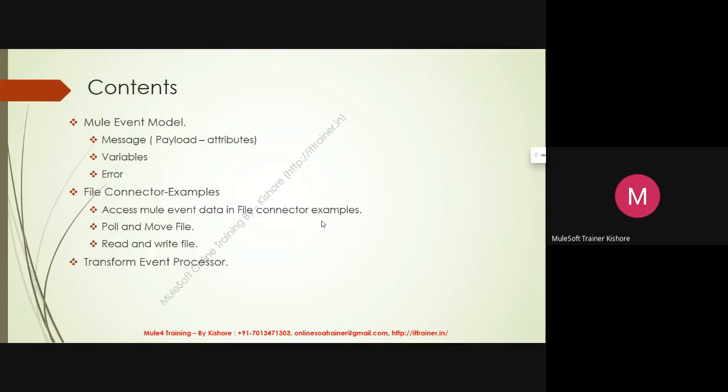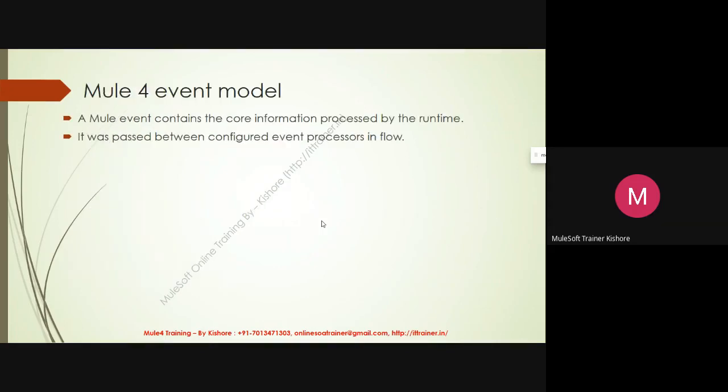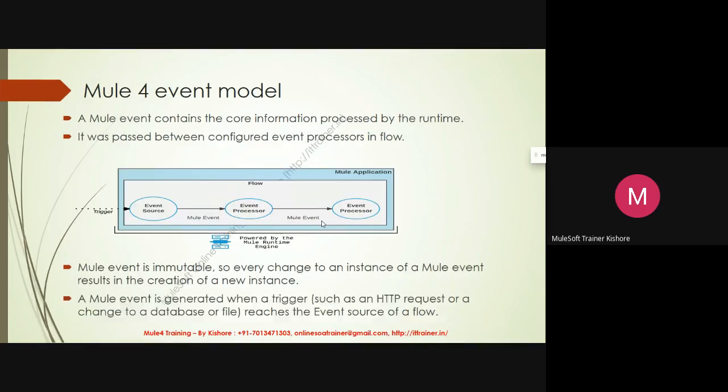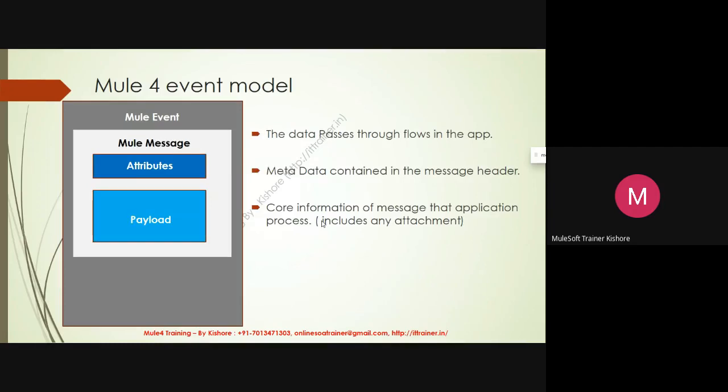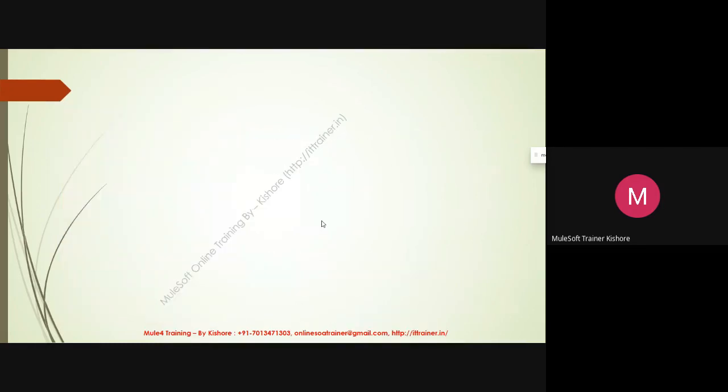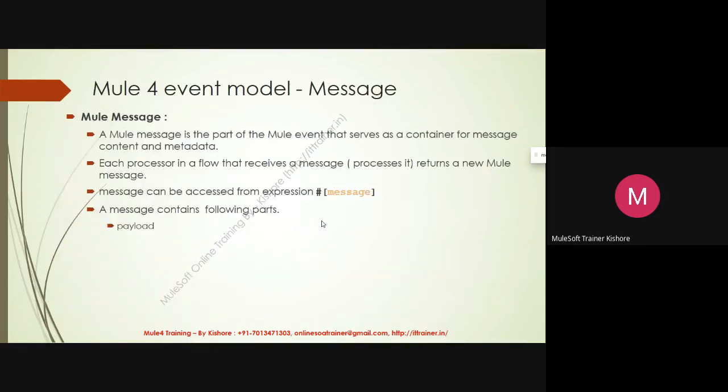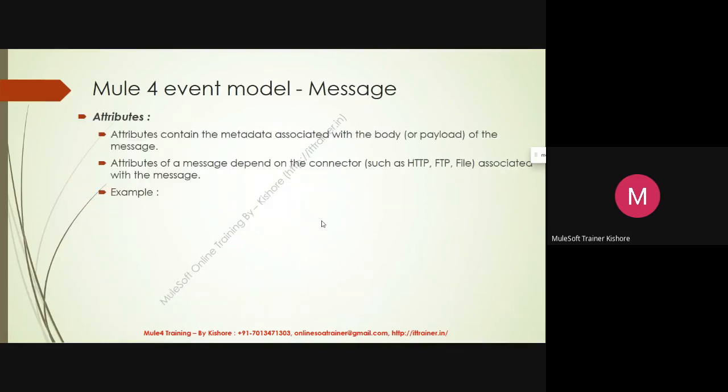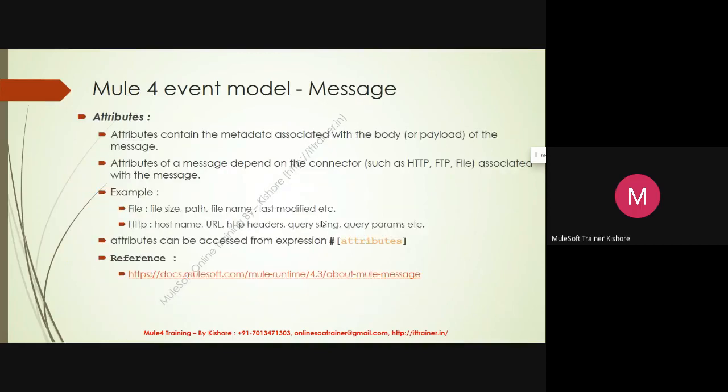I think we already did this. A mule event contains the core information processed by the Mule runtime. I think this is the same old discussion. I just copy pasted it for recap purposes. Please go through this. And this we have also discussed.